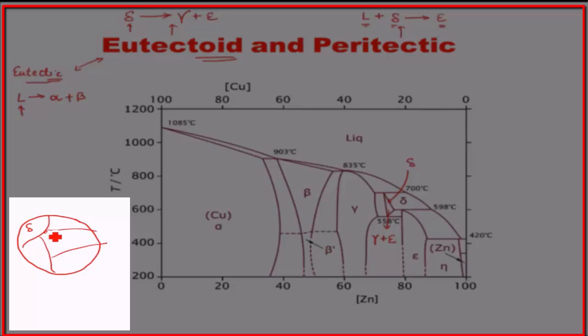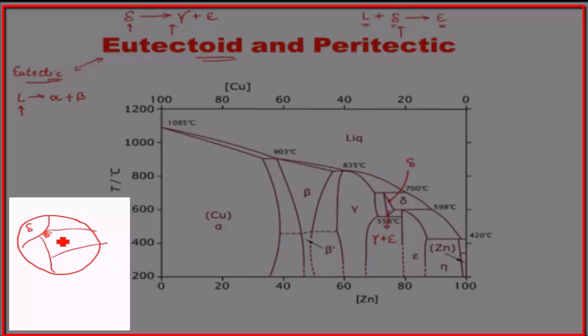So nucleation will take place at the grain boundary, and then the new grains, the gamma and the epsilon grains, will start to grow at the expense of the old delta grains, and they will grow in lamellar structure.